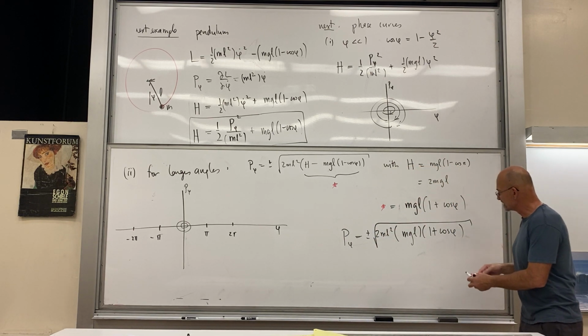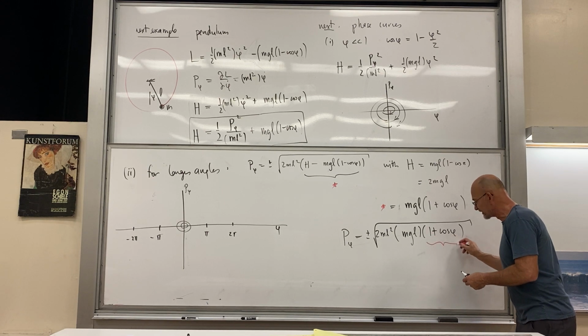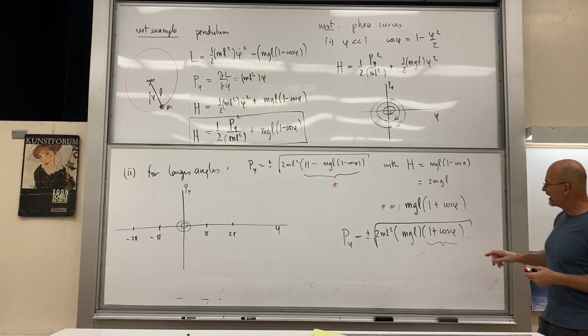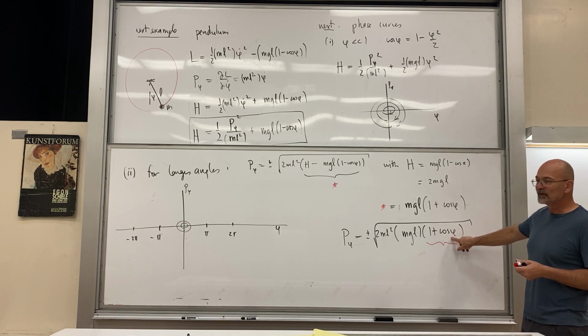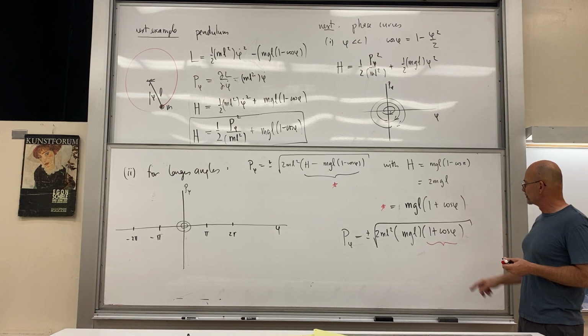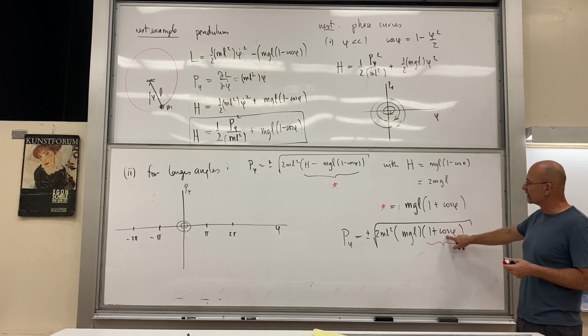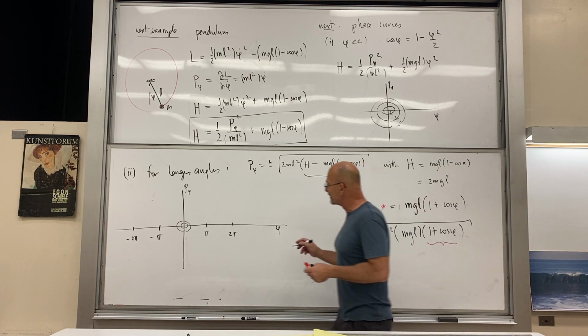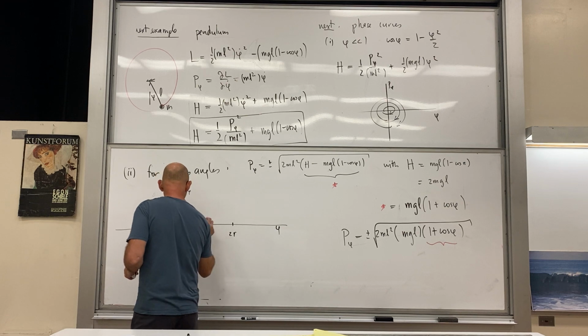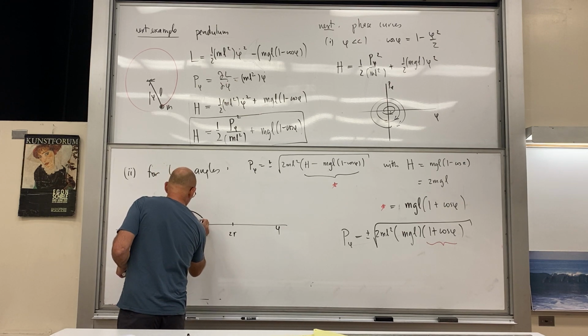And of course, this is the important part. We just have constants there. So p sub phi vanishes when phi is equal to pi. It has a maximum when cosine phi is equal to 0. So what's happening here, it's no longer an ellipse, but it's got some maximum value and it goes down to here.